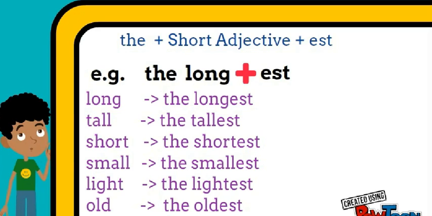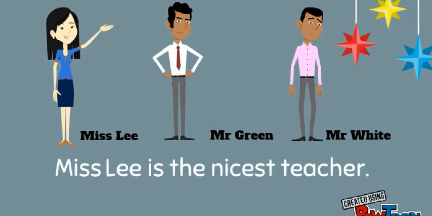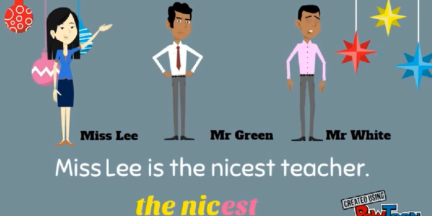And now we are going to move on to another group. Here we have Miss Lee, Mr. Green, and Mr. White. Miss Lee is the nicest teacher. You can see that she's cheerful and she's smiling all the time. So she is the nicest of them all. The nicest.